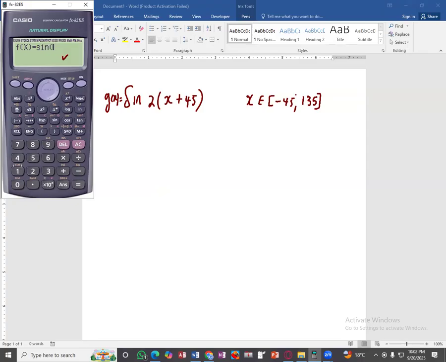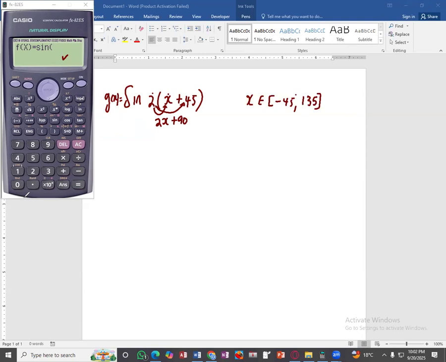But let me explain this. This sine into 2 into x plus 45 is the same as 2x, which is 2 times x is 2x, 2 times 45 is 90. This is the same as 2x plus 90.